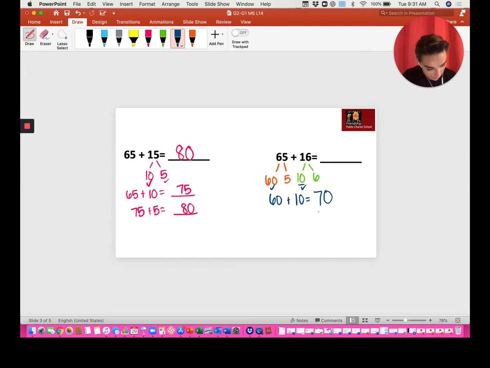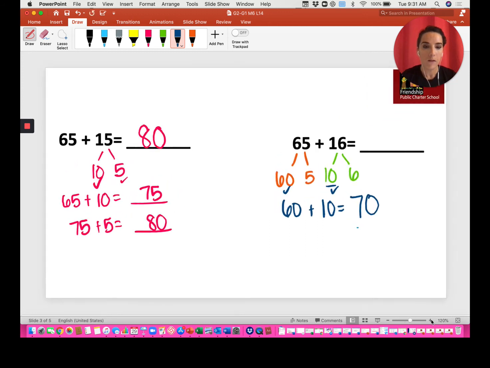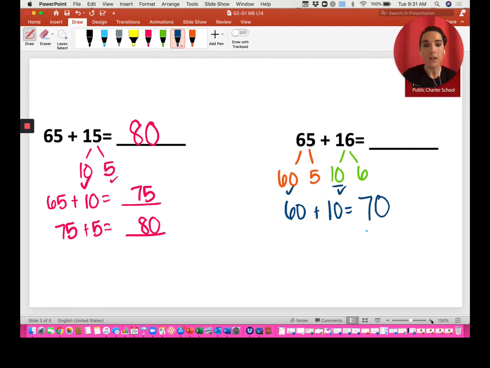Sorry, guys. Let me make that a little bit bigger for us again. Good. There we go. And so now that I added my two tens, the next thing I'm going to do is add my two ones that I made. What two numbers did I make in the ones when I decomposed 65 and 16? You should have said that I made the numbers 5 and 6.